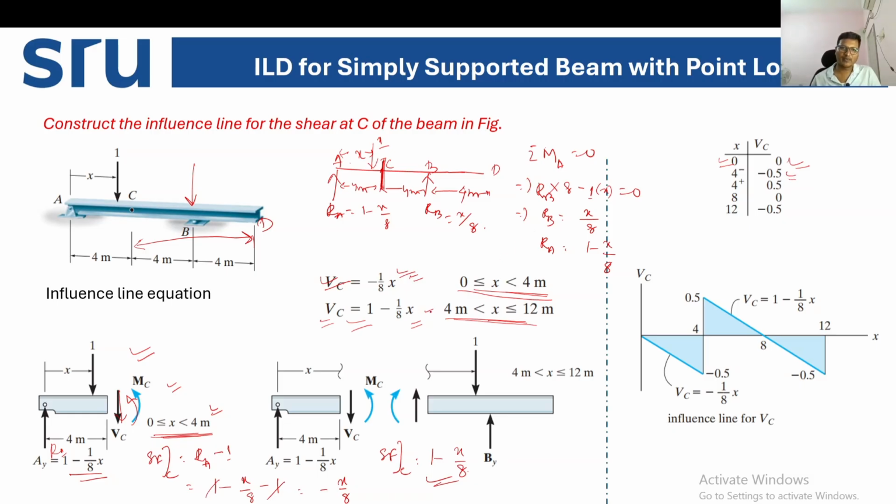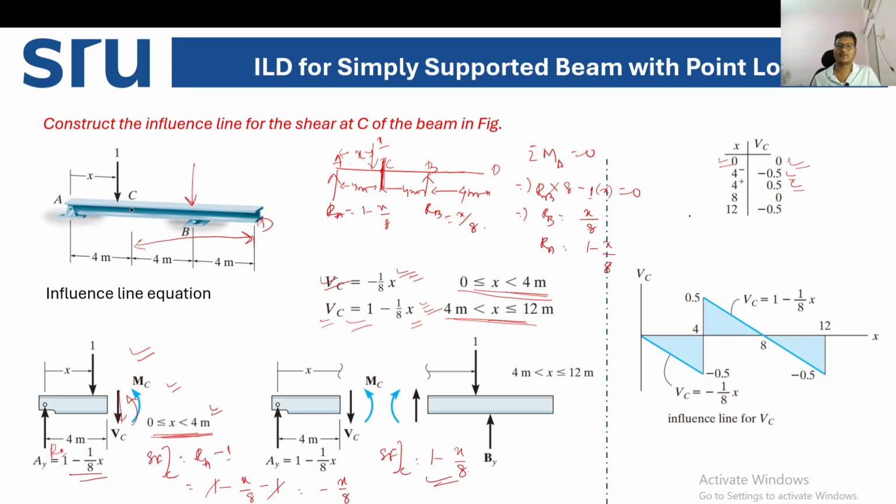In the same way in the other equation, x value is 4, so 1 minus 4 by 8, that is 0.5. So two values you are getting, C left and C right.